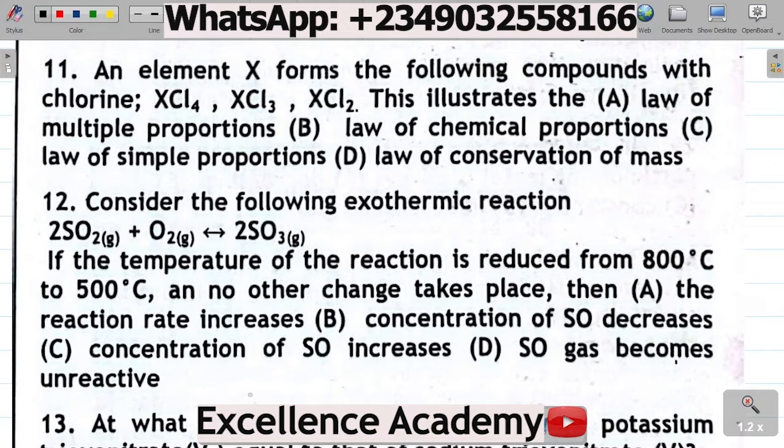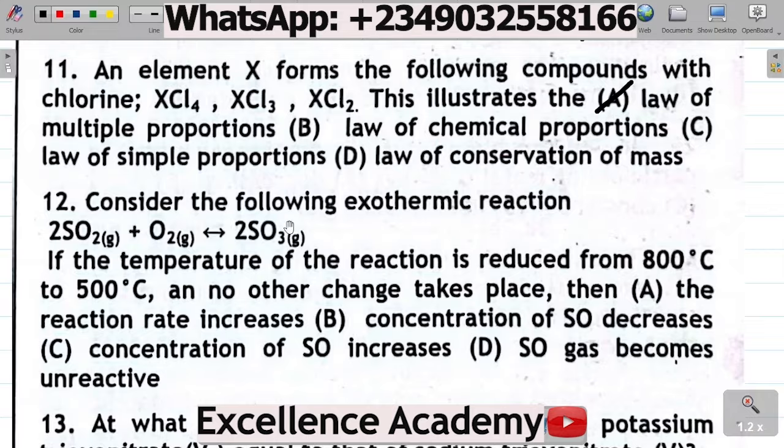Now, for this question here, the correct answer is A, the law of multiple proportions. Okay, you want to note that the law of multiple proportions states that whenever the same two elements form more than one compound, the different masses of one element that combine with the same mass of the other element are in the ratio of simple whole numbers.